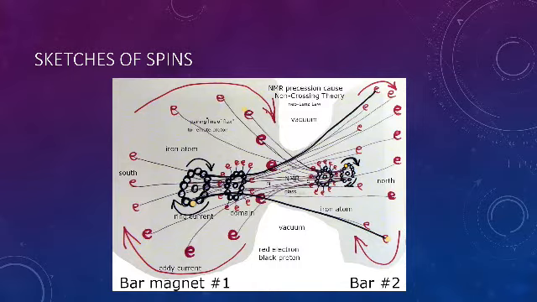For example, on the left, there's a black ring current of those 12 protons, and those are connected to the electrons on the right bar magnet. And the protons on the right bar magnet, you see, are connected by lines to electrons on the left bar magnet. This is how magnets work.